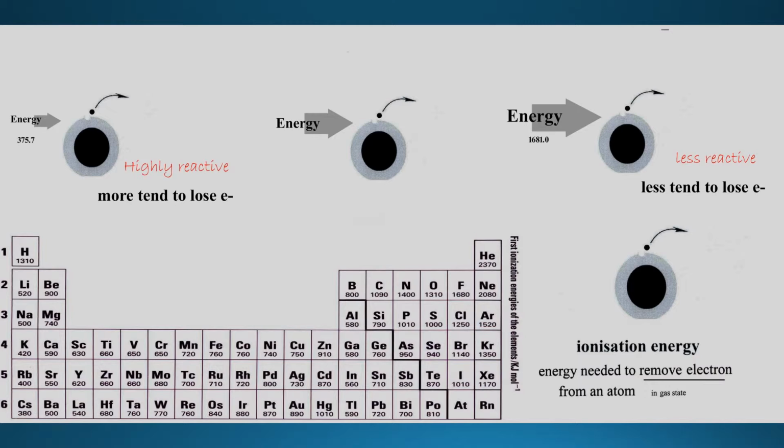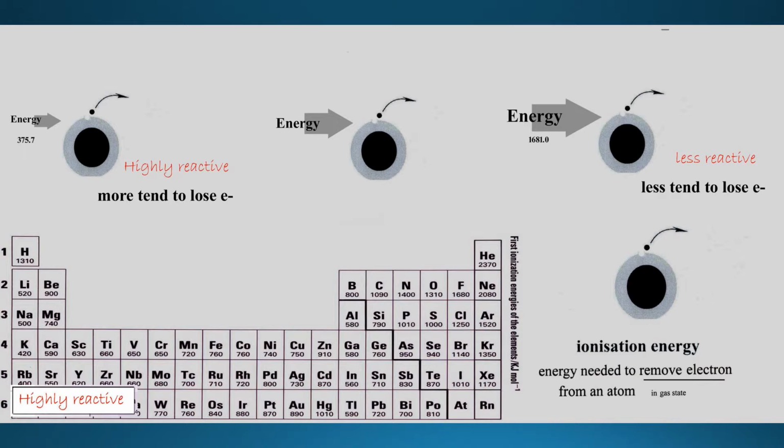The ones that strongly lose electrons, in other words, are highly reactive at room temperature. The ones that weakly lose electrons at room temperature are less reactive, or quite unreactive. So on the periodic table, you can see the trend.